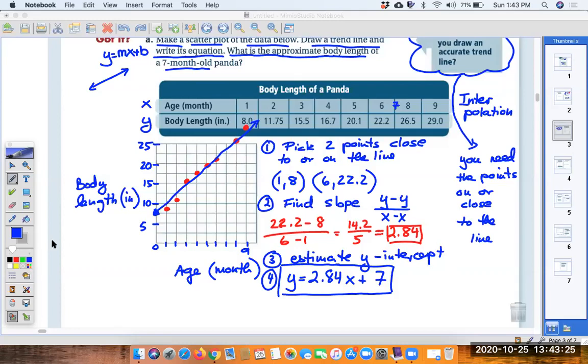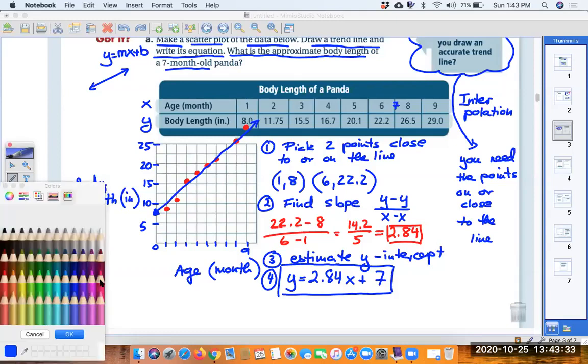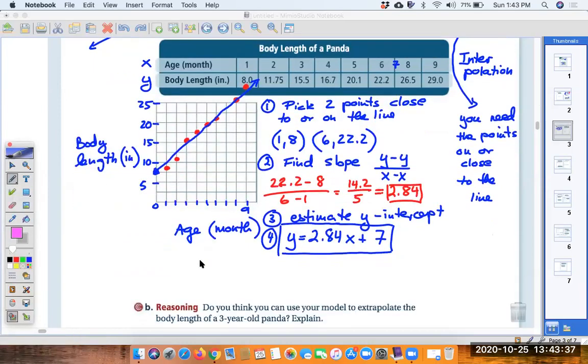It's the X, right? Because remember, X is your age, that's your top. So X is 7. All right, let X equal 7 because that's 7 months, right? And then plug it in here for X.